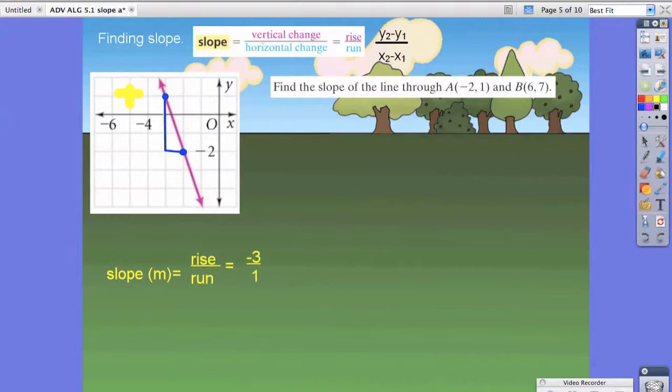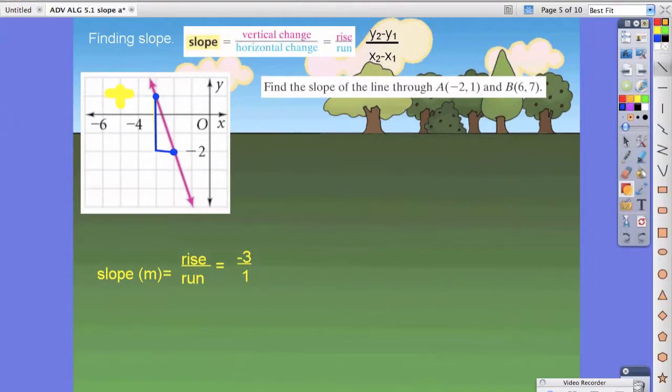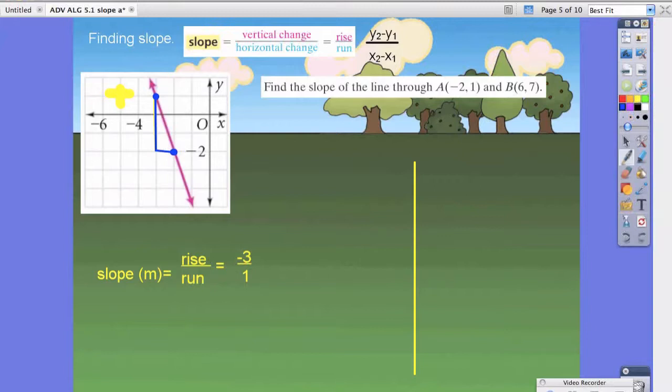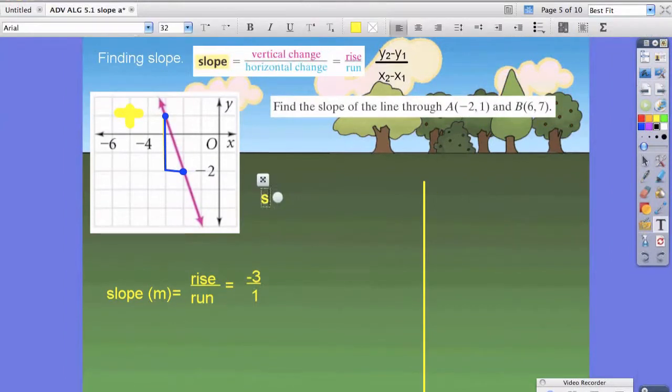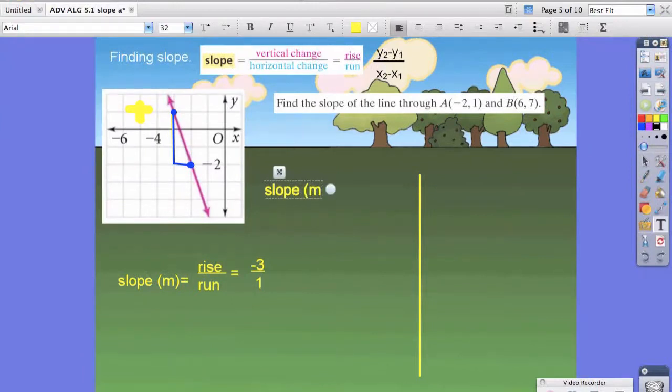Now, for the second example where they give us an ordered pair, I'm going to show you 2 different methods. The first way is the more traditional way. The second way is the way I like to teach it because I think it tends to be faster and more efficient.